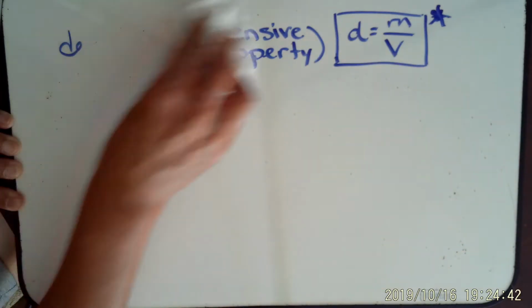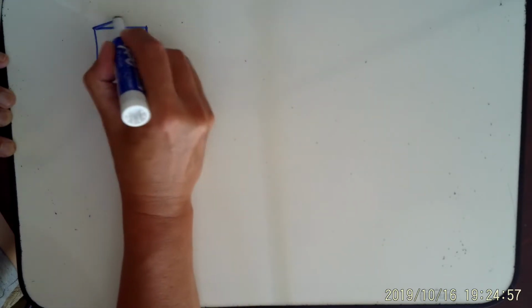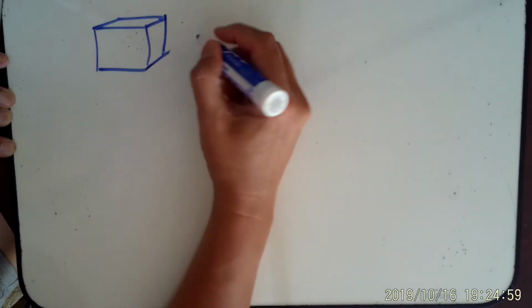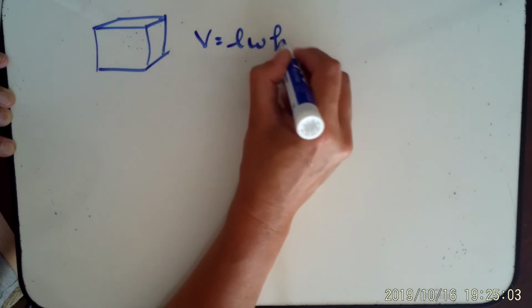So when we measure volume, we can do it calculation-wise. If we have a sphere or a perfect cube, we can use our formulas, right? So with a box, volume is equal to length times width times height.